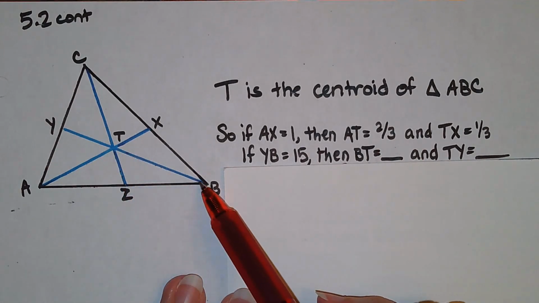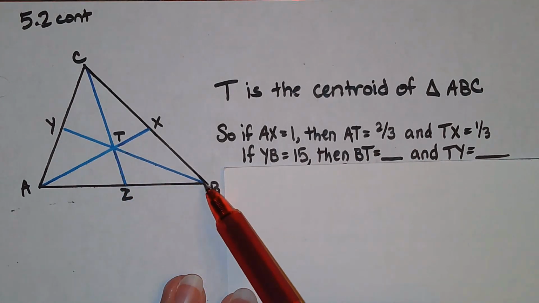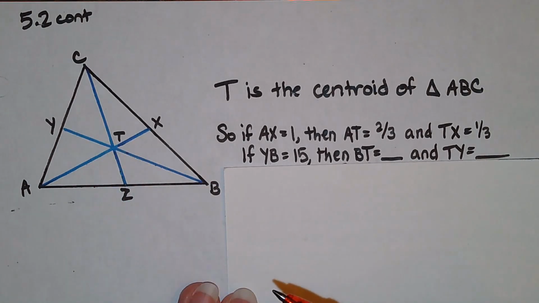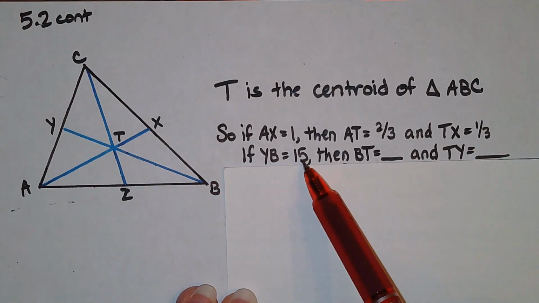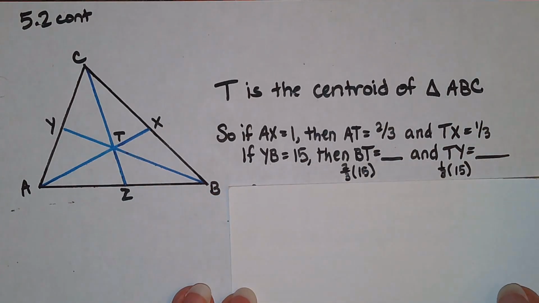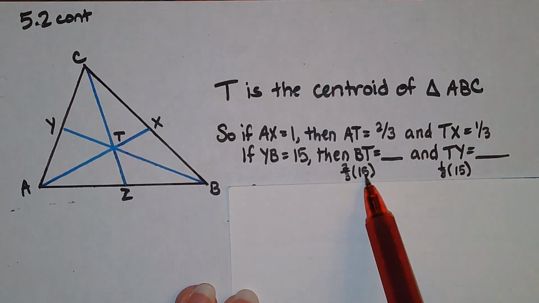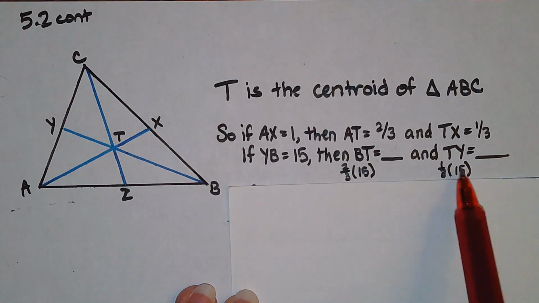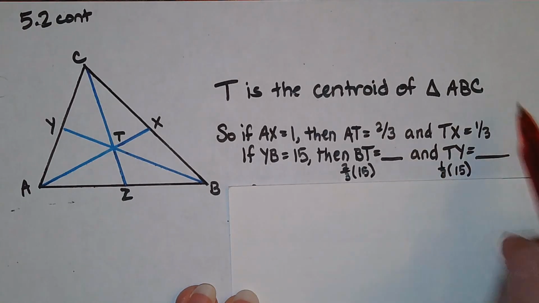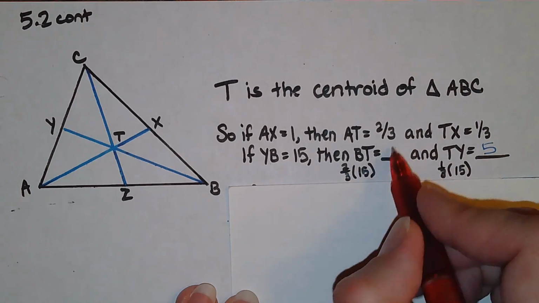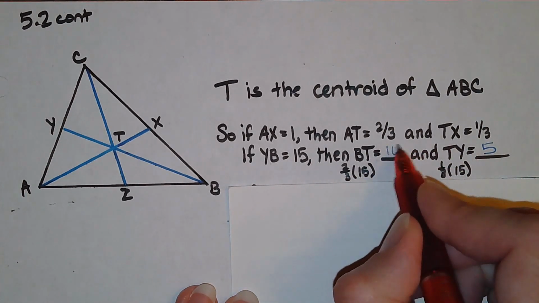BT is going to be 2/3 of that whole distance, and TY is going to be 1/3 of it. So BT is 2/3 of 15, and TY is 1/3 of 15. Sometimes 1/3 is easier to do in our head. 1/3 of 15 is 5, and so 2/3 would be 5 and 5, that's 10.